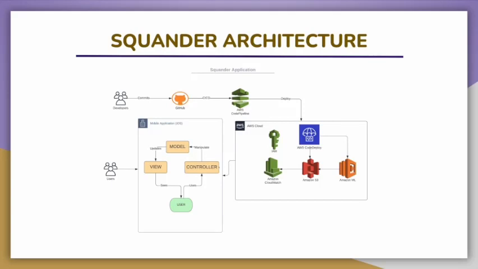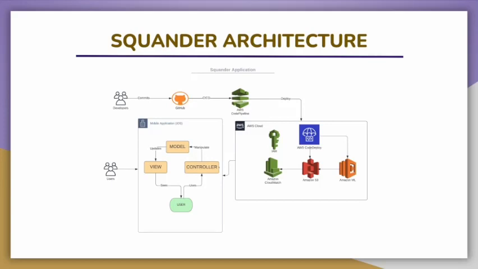MVC also ensures that the application is responsive to any input that the user gives, and that we are screening users from unwanted information and keeping the application simple. So that's the MVC architecture there.